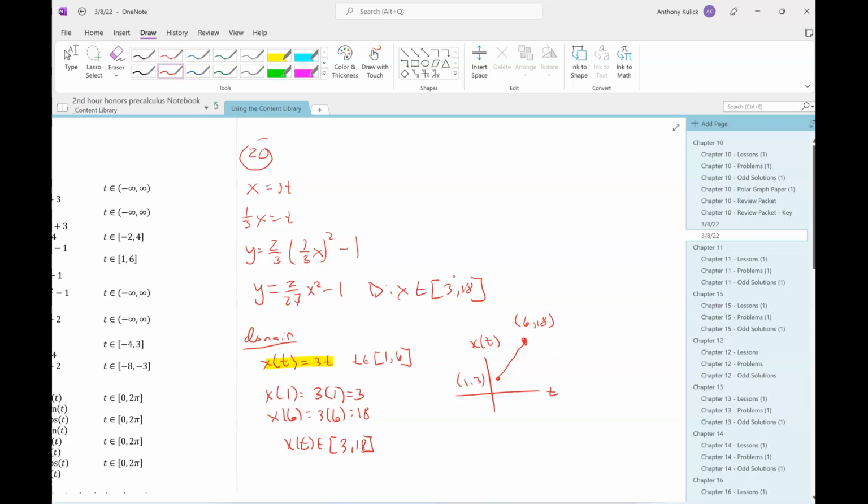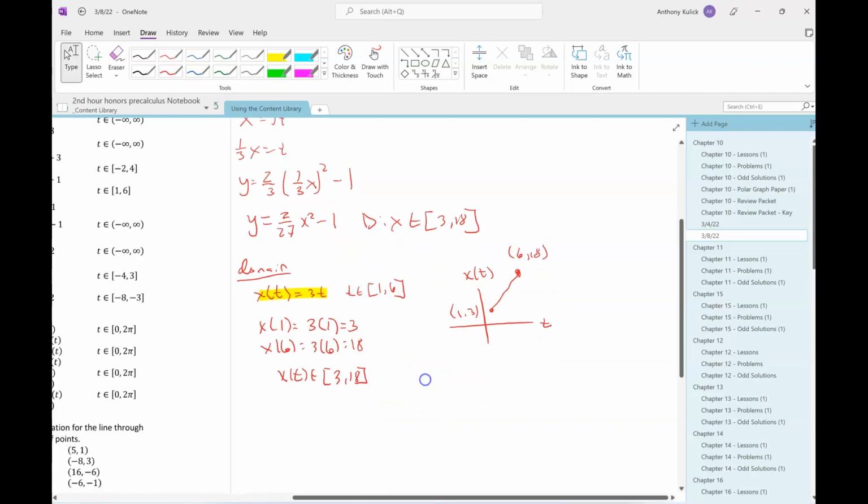Blake, so far so good? The domain for the Cartesian is 3 to 18. Yeah. Which comes from the range of the parametric equation for x. Nat? How did you get the 1 and the 6 that you put into the x there?